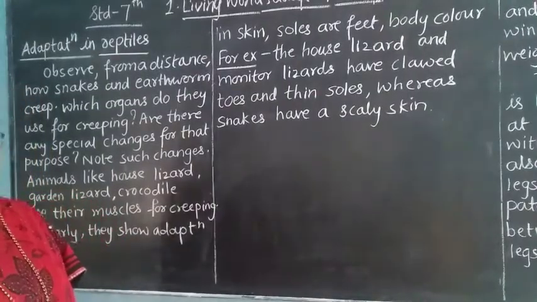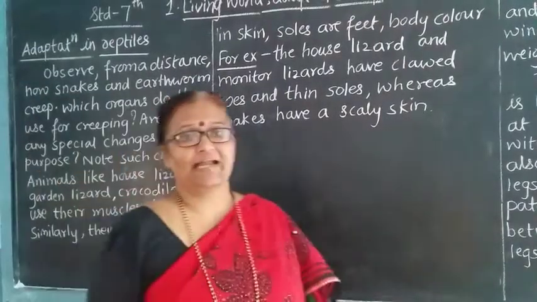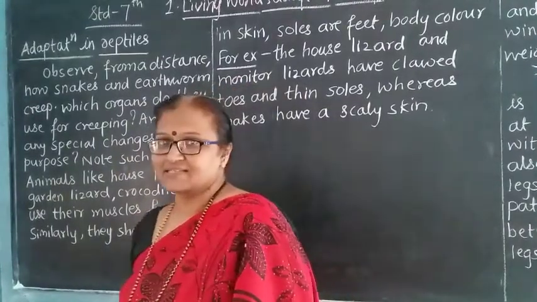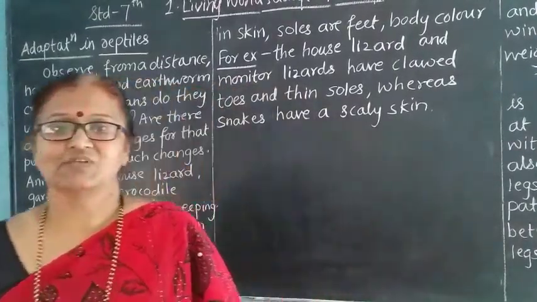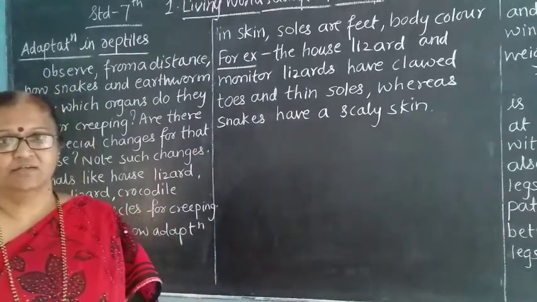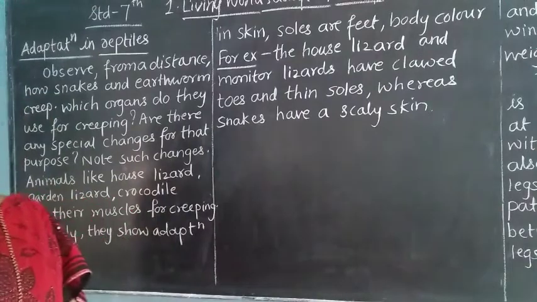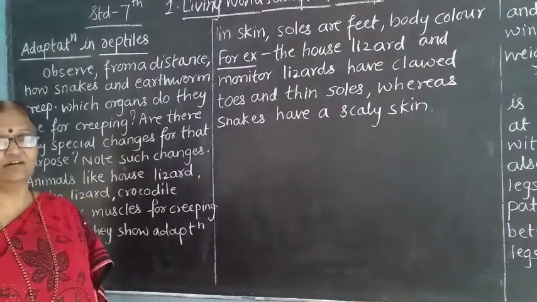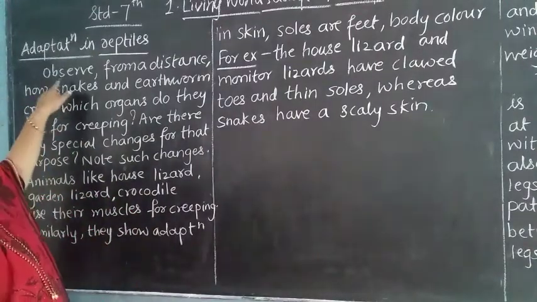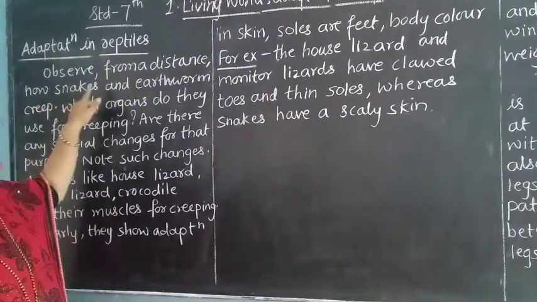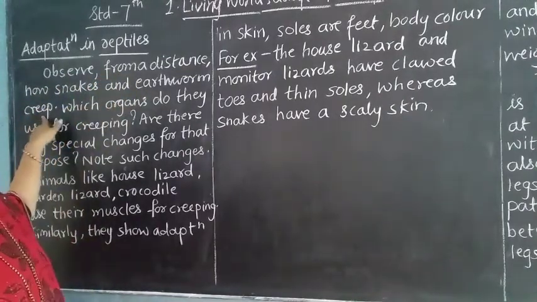The next point we are going to see is adaptations in the reptiles. Now see, reptiles are the animals which are creeping or crawling on the ground. So we are seeing the adaptations of the reptiles. Observe from a distance how snakes and earthworms creep.